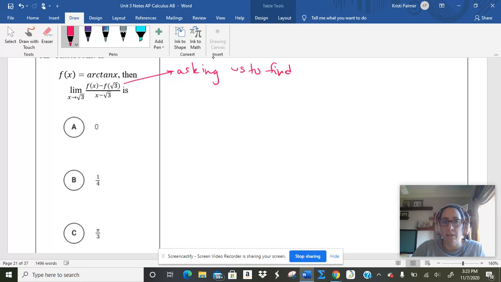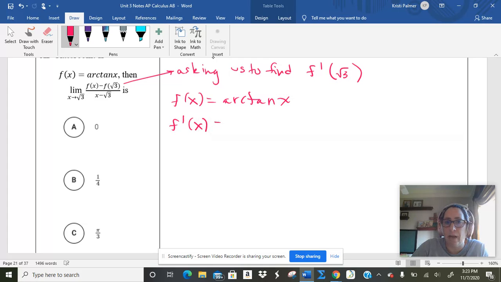Well, this is a formal limit definition of the derivative. So it's asking us to find f prime of plugging in radical 3. So if f of x is the arctan of x, then I need to take the derivative of that and then go plug in radical 3.